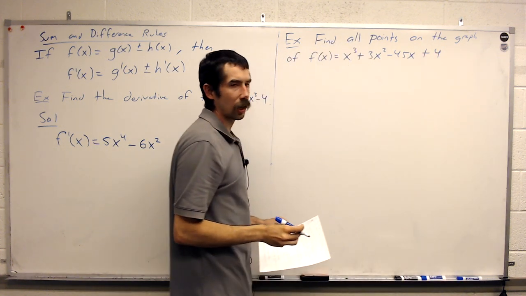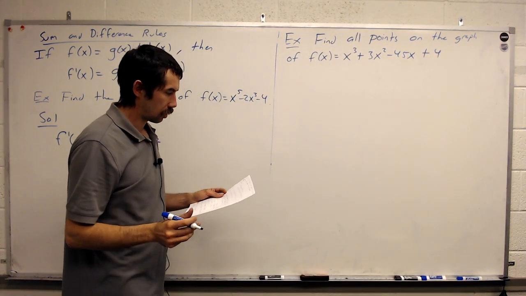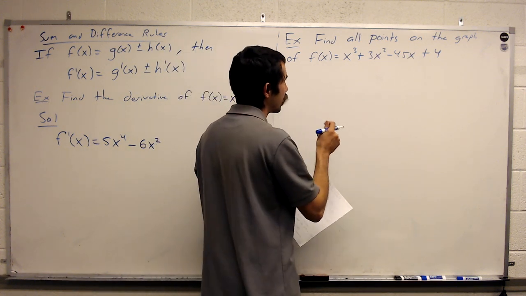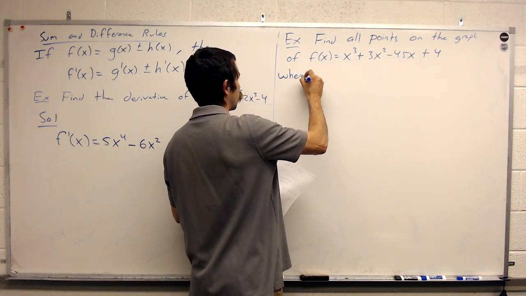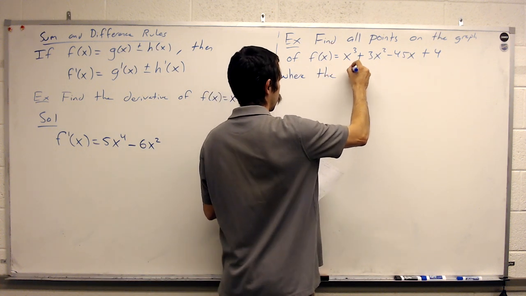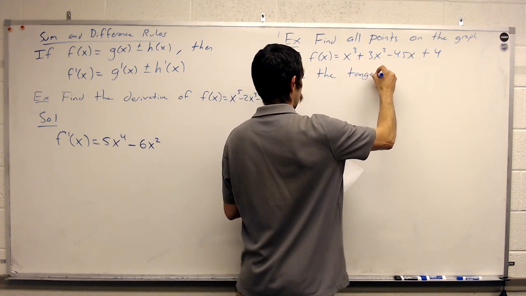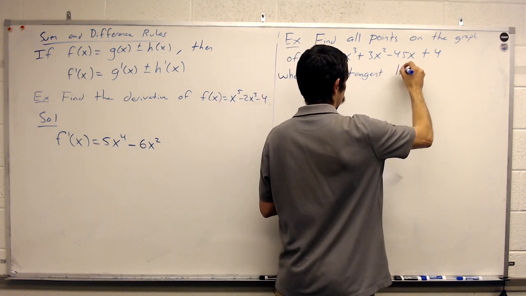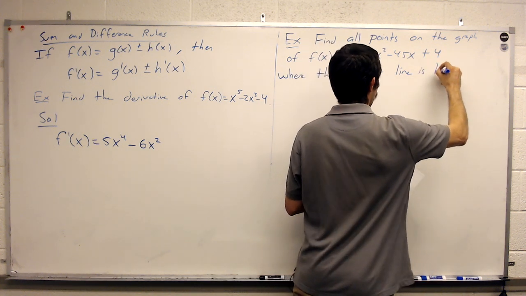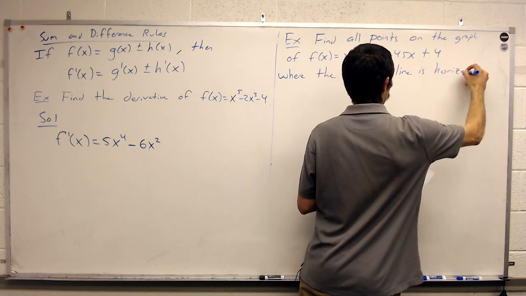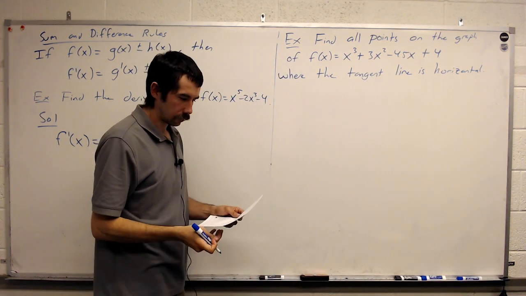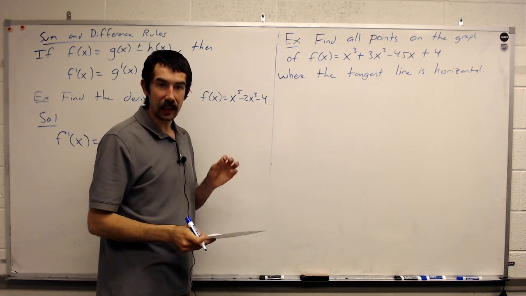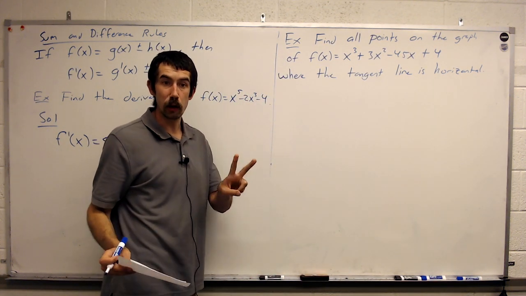All right, so here's our graph. So find all points on the graph where the tangent line is horizontal. Okay, I'll give you a hint. There's 2 of them.